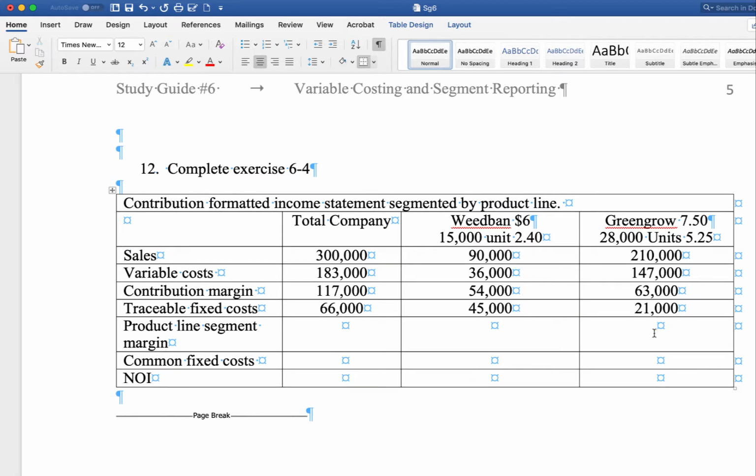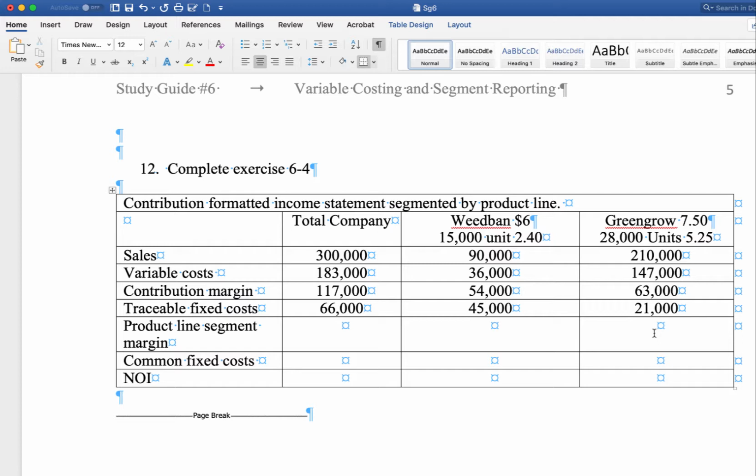The product line segment margin is the amount that each division, each segment, each territory, whatever, each product line, contributes to the common fixed costs.